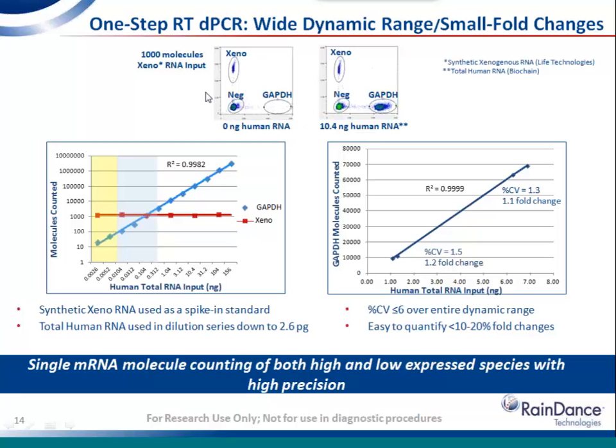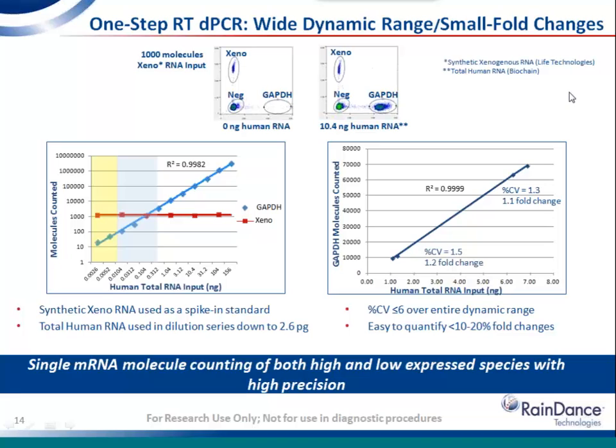What you can see at the top are scatter plots showing two assays. One assay detects an exogenous spike-in material called Xeno, which is commercially available from Life Technologies, where you know exactly how many RNA molecules you're pipetting into the well.